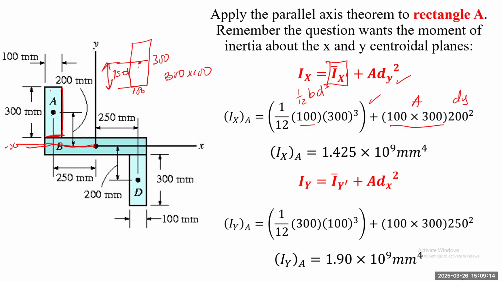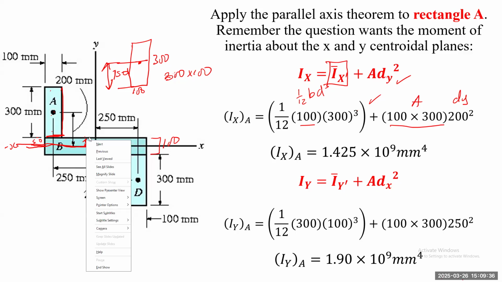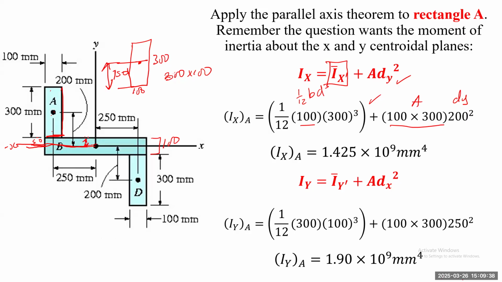Yes, sir. This is 150. After you get 150, what's the thickness of this? 100, not true? Agree? So half of this distance here is 50. You see where I'm marking? That little distance is 50. So it is going to be 150 plus that 50.